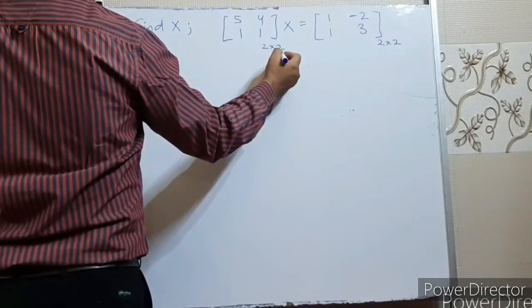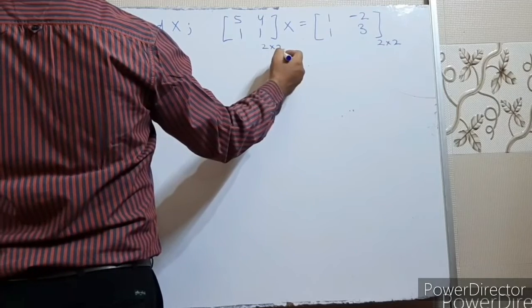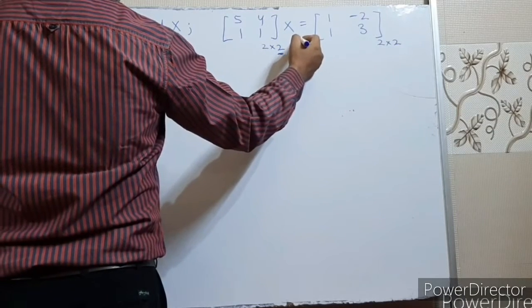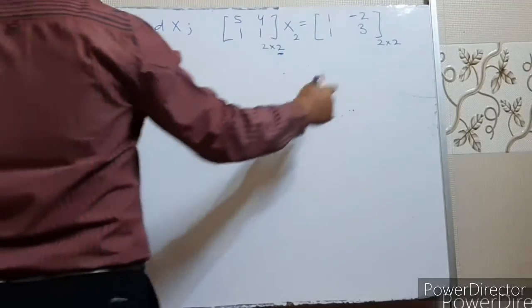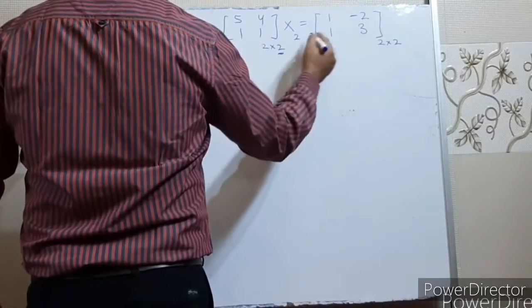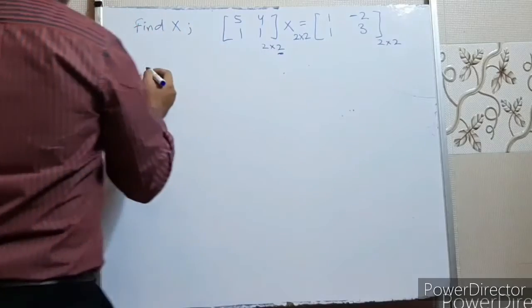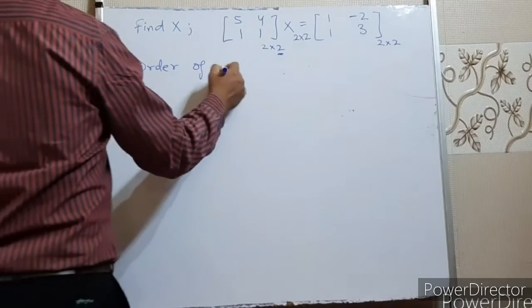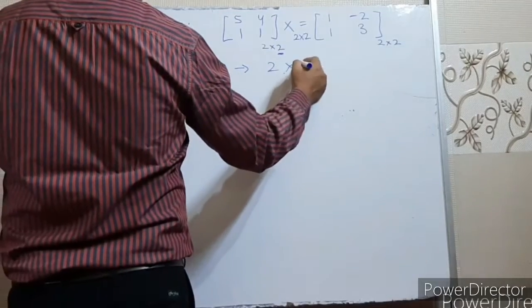So you can see here the number of columns in the first matrix is 2. That means the number of rows of matrix x will be 2, and the number of columns of the product matrix is 2. That means the order of x will be a 2 by 2 matrix.